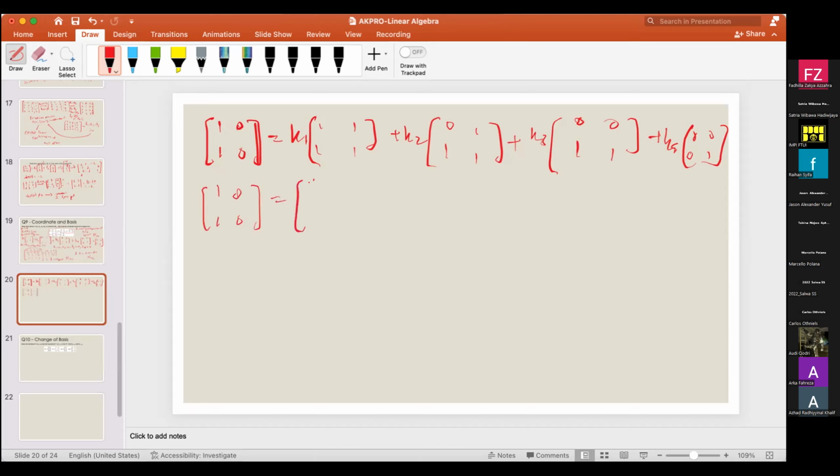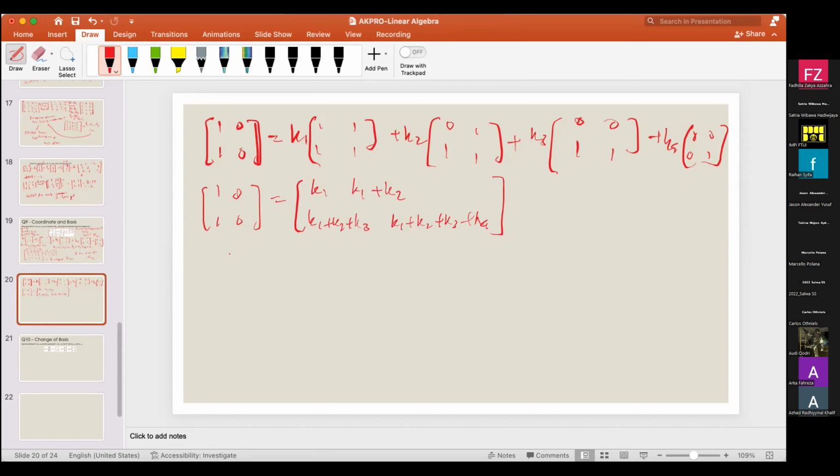Based on this, the first cell is K1, the second cell is K1 plus K2, the third cell is K1 plus K2 plus K3, and the fourth cell is K1 plus K2 plus K3 plus K4.